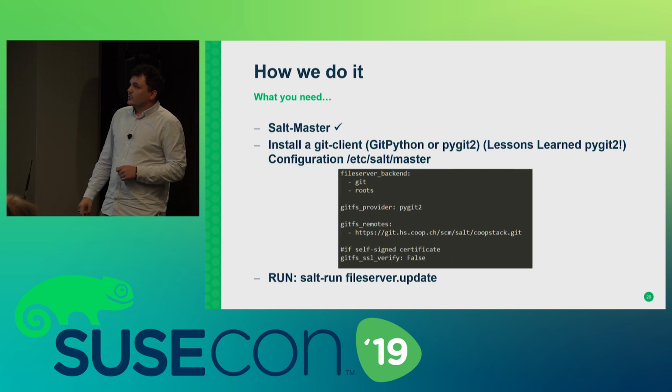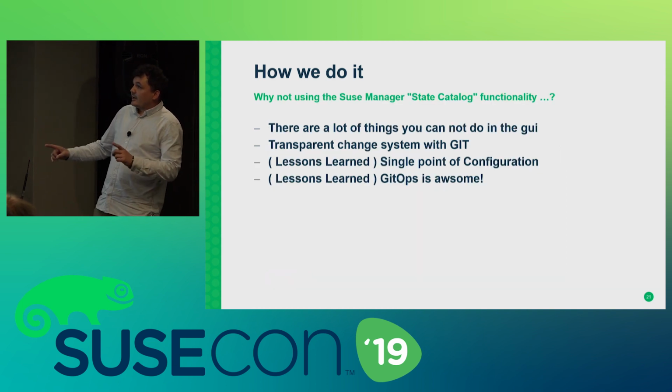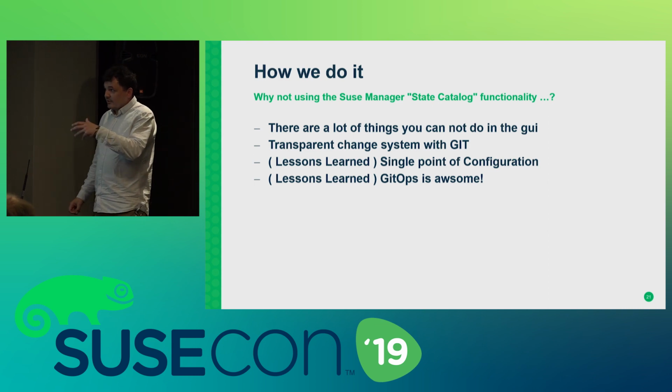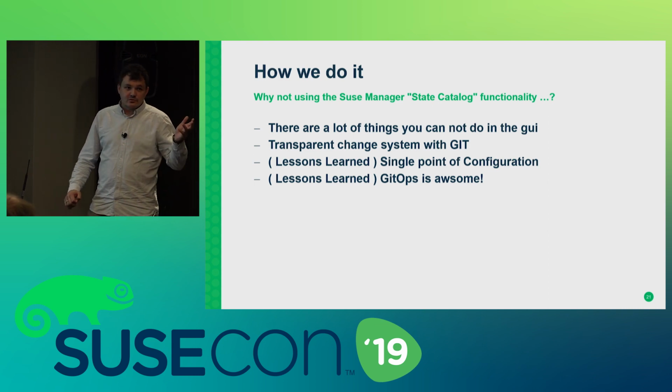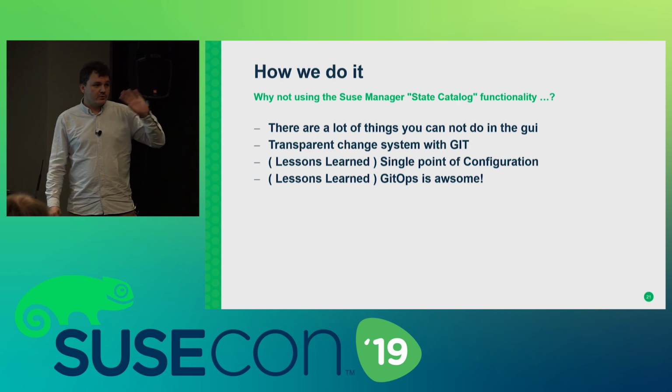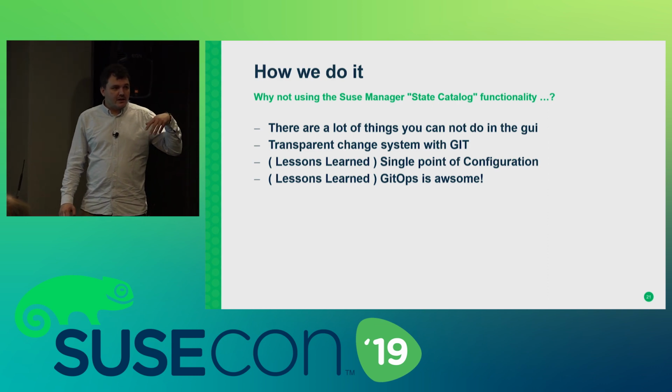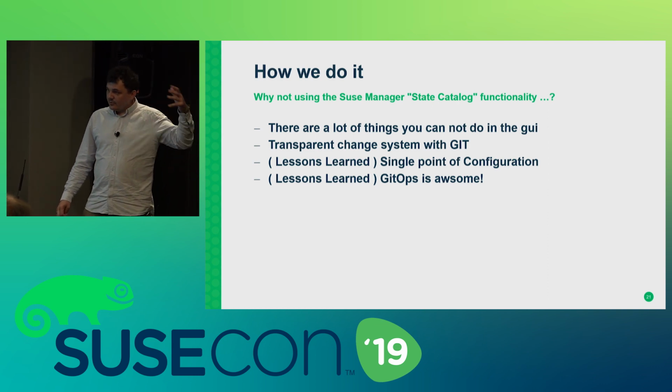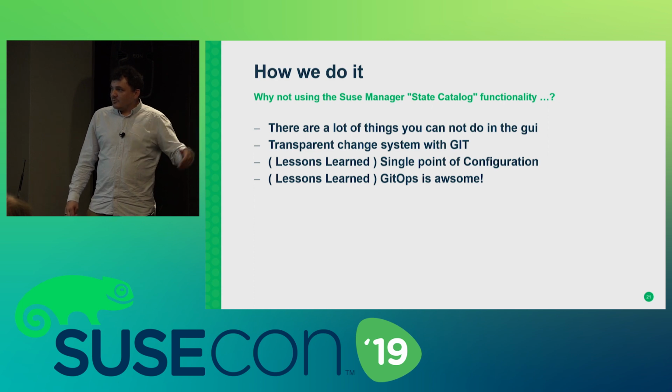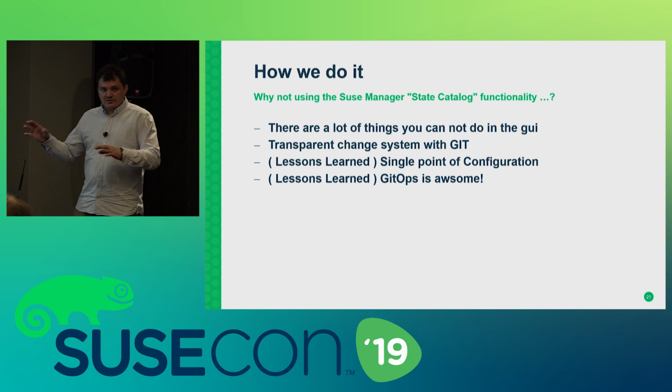Next one, please. Why not use the SUSE Manager Salt catalog functionality? Because you are able to do state files within SUSE Manager in the GUI, right? And they have extended this functionality over time. But when we started off, it was no way to go, because in the first version there was no such functionality.